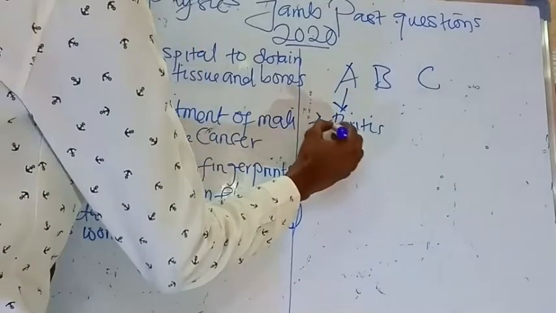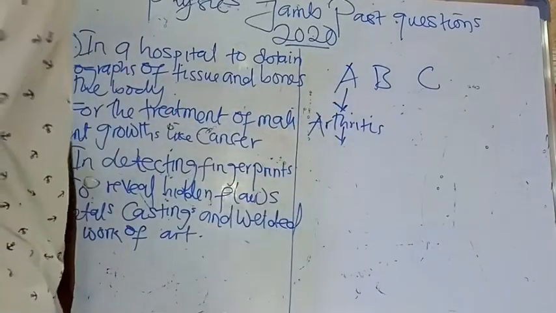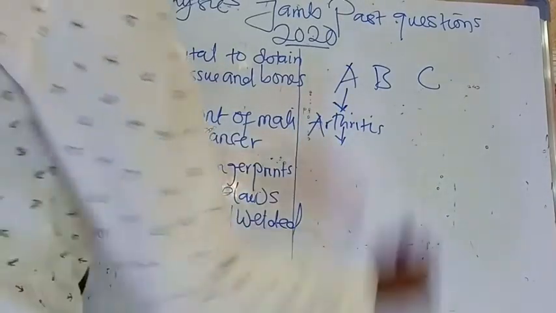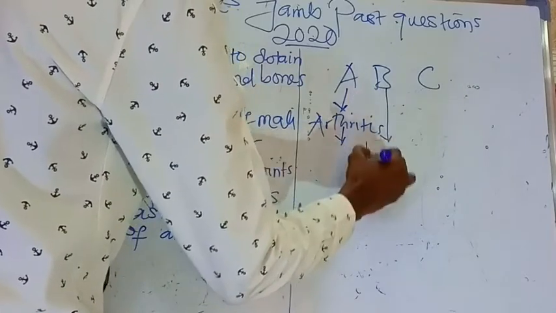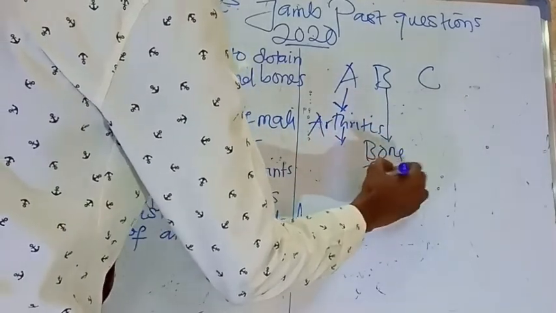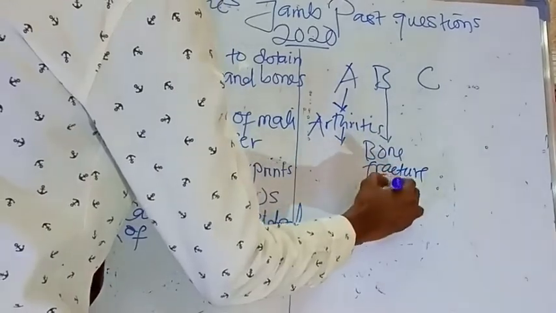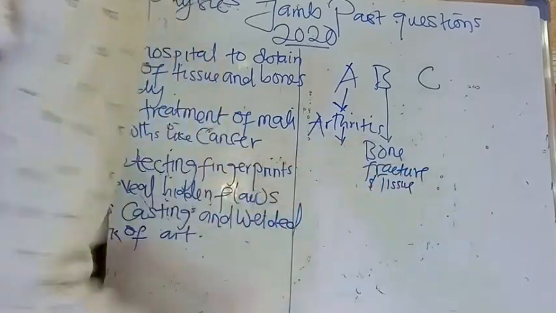Arthritis in joints, meaning inflammation of joints. And then B for bone, for detection of bone fracture and tissue damage. You can see this is usually done in hospital.